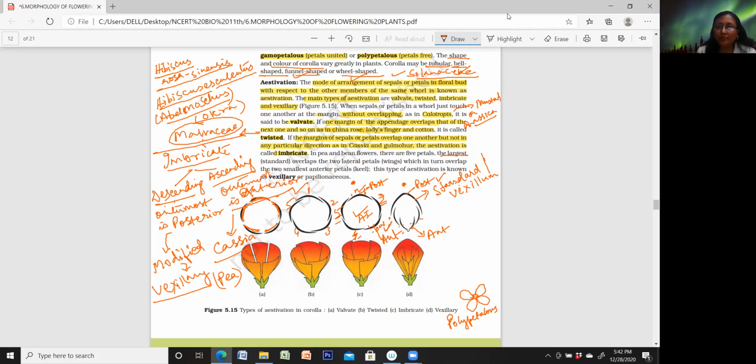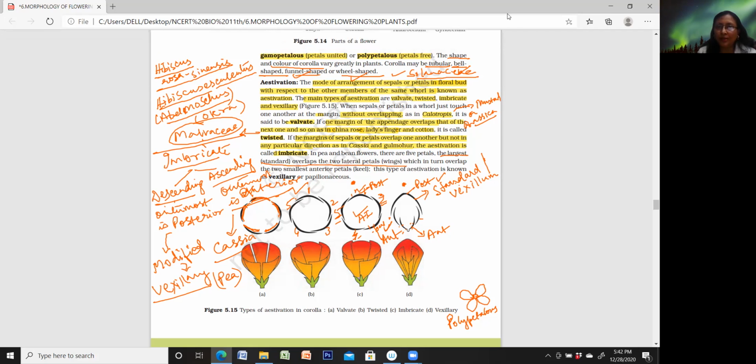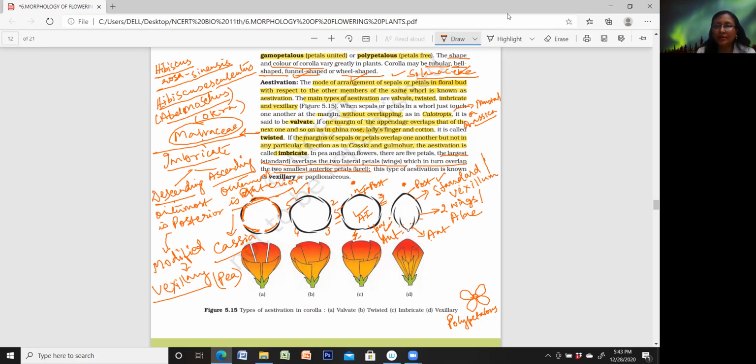See, in pea or bean flower, we are doing this vexillary aestivation where the largest standard overlaps the two lateral petals, the wings. So these are the two lateral, which are called wings or alae, which in turn overlap the two smallest anterior petals. Now this is anterior and these are the two smallest, and they are fused.